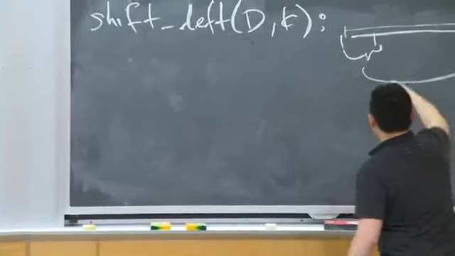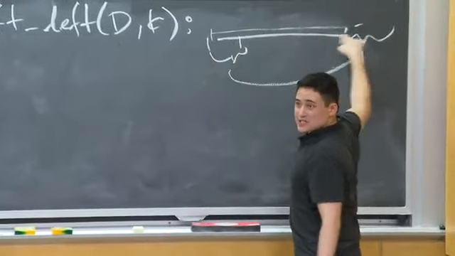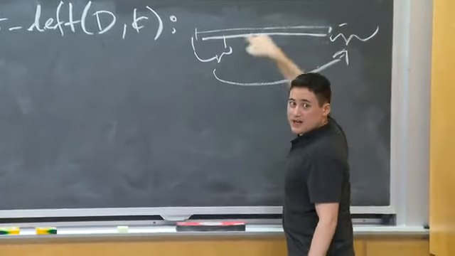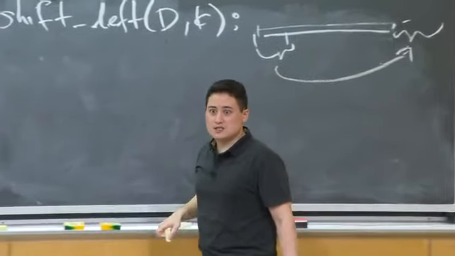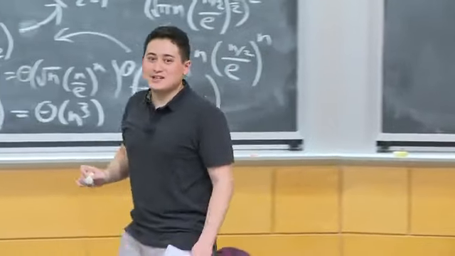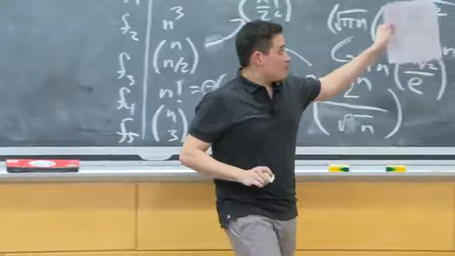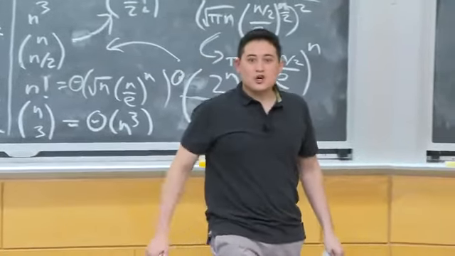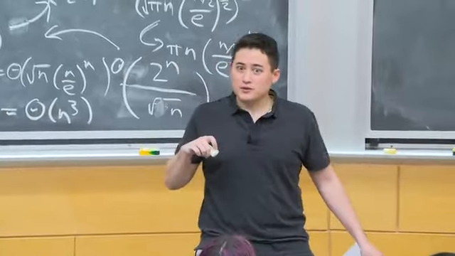So that these k go here, so the kth item ends up being the last item, and the k plus 1th item now becomes the first item. Does that make sense? Okay. Again, this is actually not such an interesting algorithm from an algorithm standpoint, but it's hopefully helpful to talk about from an instructional point of view. Okay? So how would I approach this problem?